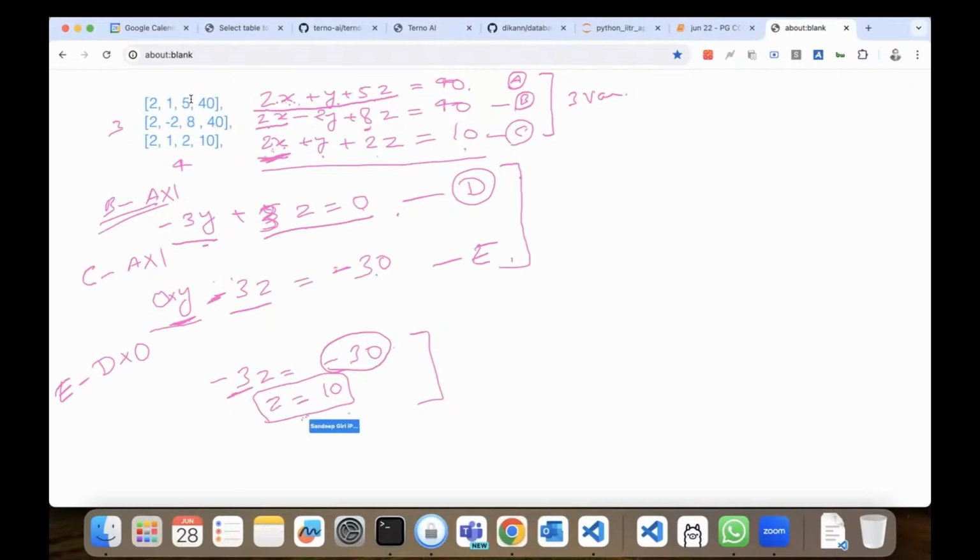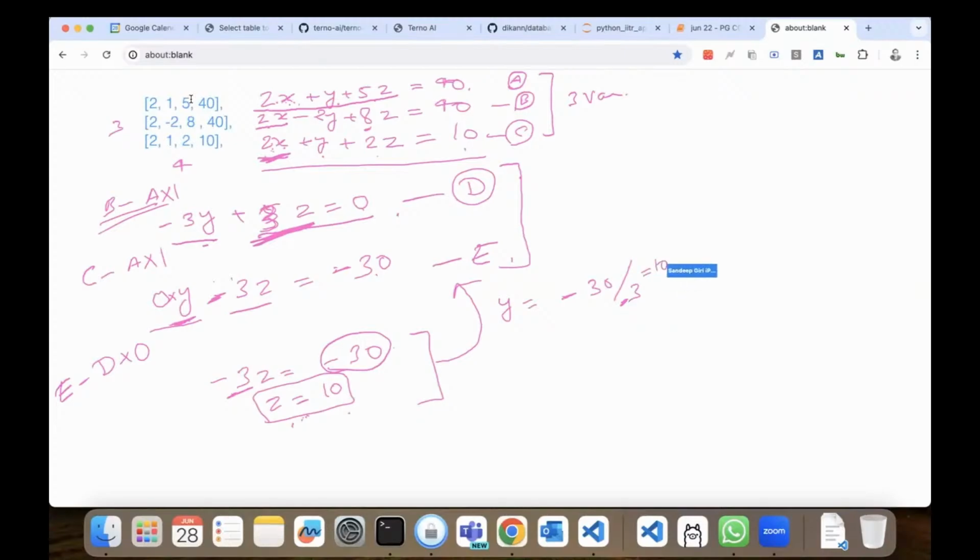Now we go back here. We are given one variable, 10. We put 10 here, and we are going back from now. So we put 10 in that, then we get y equals minus 30 divided by minus 3. Correct?